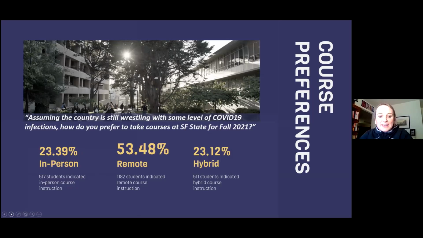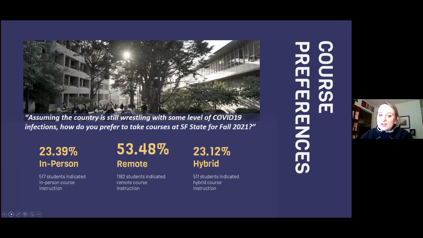Thank you, Ken. We asked, if COVID-19 is still happening and we're still wrestling with it, how would you prefer to take classes for the fall? Just over 50% of students said remote, and just over 20% said they prefer a hybrid capacity. Then we changed the question slightly: what if physical distancing was a requirement in your courses, and face coverings?